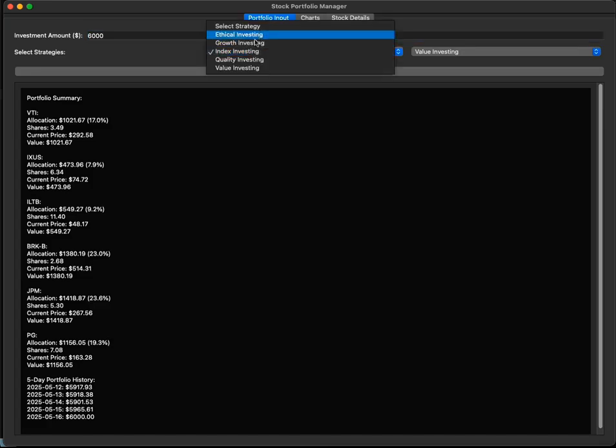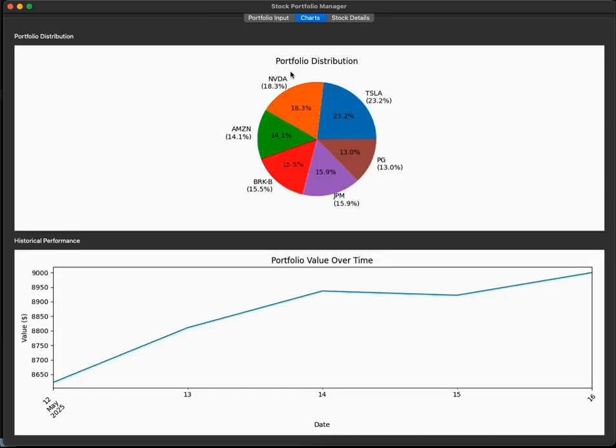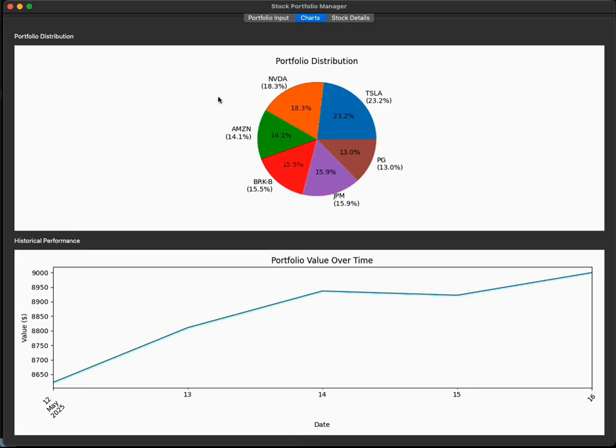Test Case 6, Growth Plus Value Investing, $9,000. This test combined aggressive growth with conservative value. Stocks selected: TSLA, NVDA, AMZN, Growth, plus BRKB, JP Morgan, PG, Value. Each was allocated correctly. For example, Tesla took 23.2% of the investment.